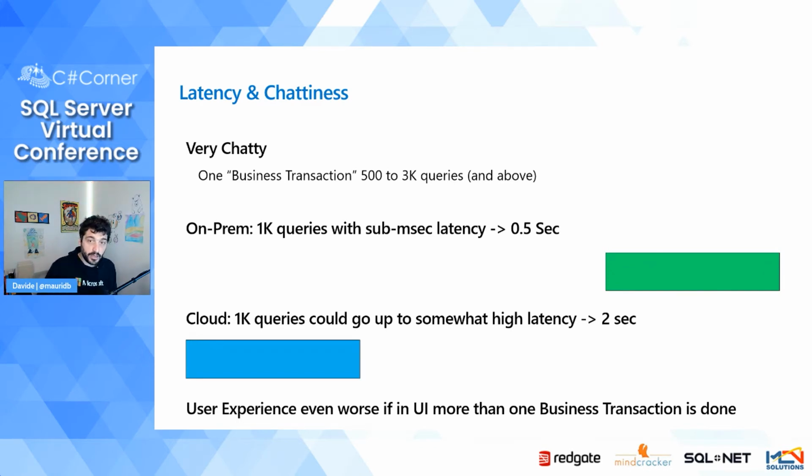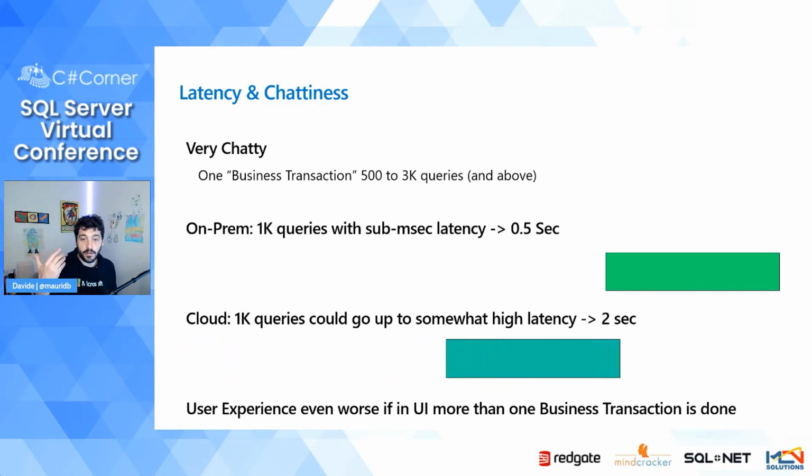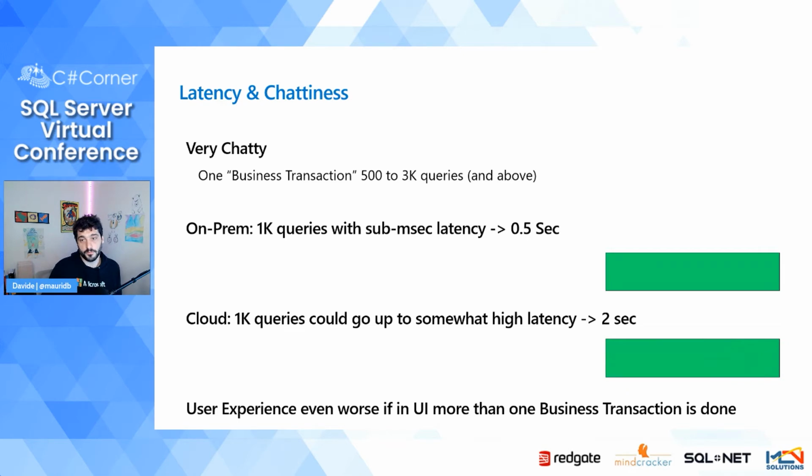But if you move everything to the cloud, you will see now that the bar from blue will become green in a way slower fashion, right? And if in your application you need to execute this kind of business transaction more than once per UI, chances are that the user can wait 3, 4, 5, 10 seconds just due to latency and chattiness.